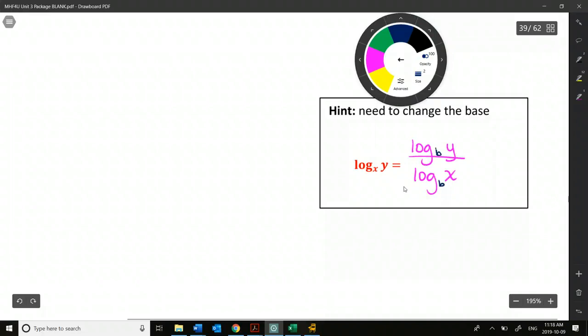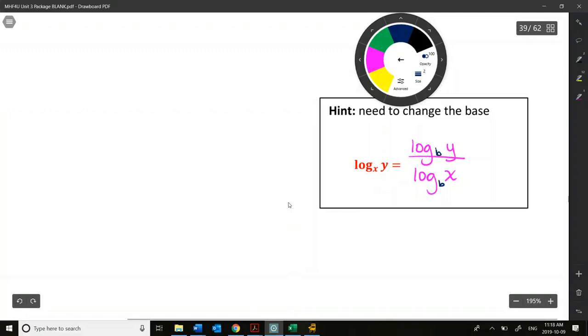So I'm going to call that b for base. It could be base 10. That's often what we use the change of base formula for so that I can calculate on my calculator. So it could be the log of y over the log of x. It could be the log base 5 of y over the log base 5 of x. It could be the log base 20 of y over the log base 20 of x, as long as those bases are the same. Okay?